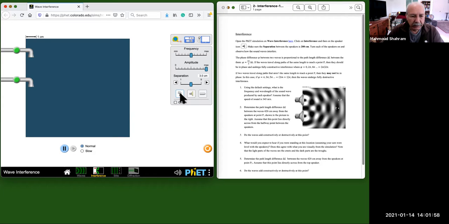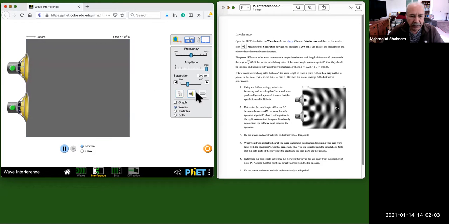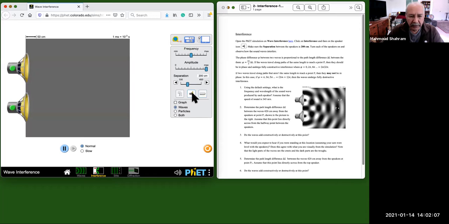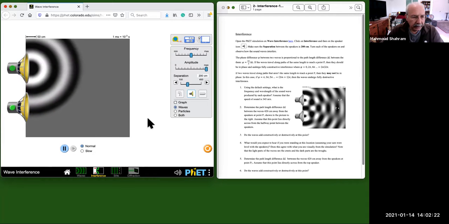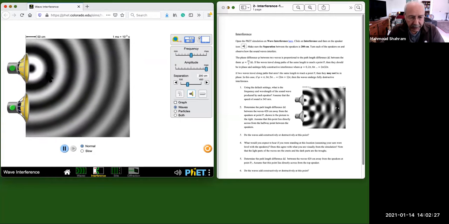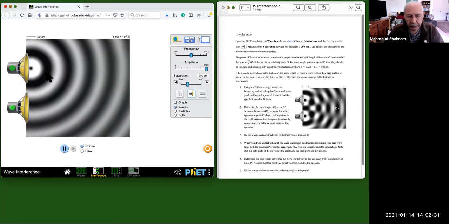You can have a water wave, or a sound wave, or a light wave. So we ask you to choose the sound wave and two speakers that are separated by 200 centimeters. And as you can see, if I turn on one speaker, you see the waves propagating in space. These are sound waves, and they are longitudinal waves.